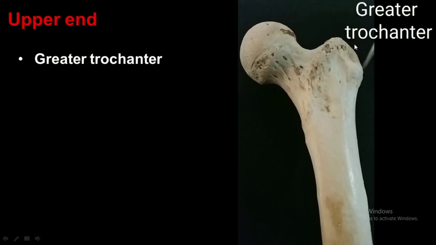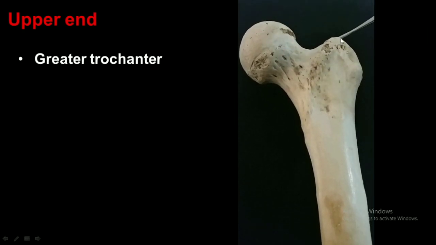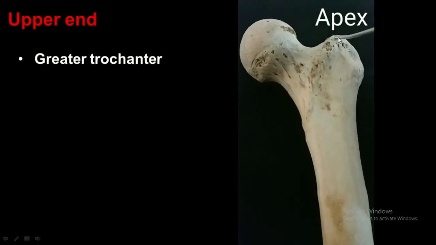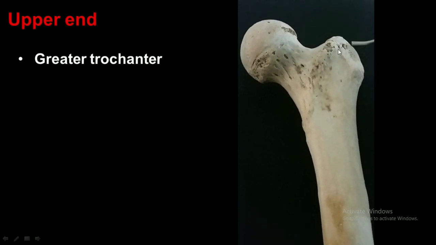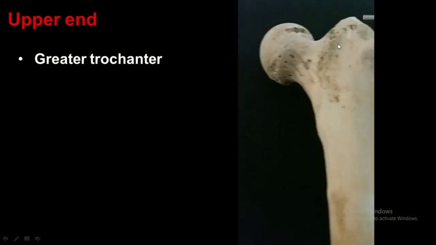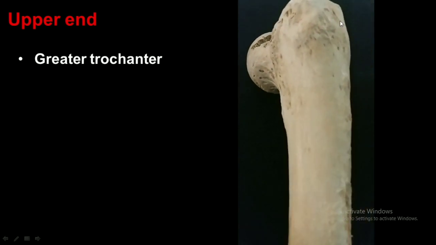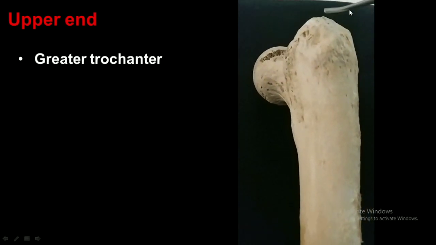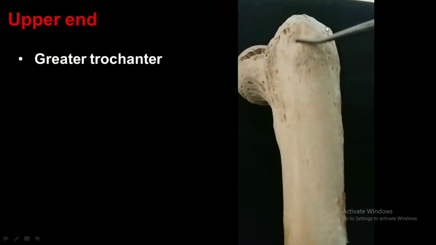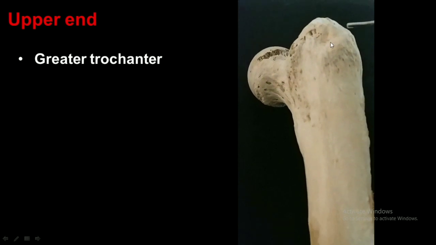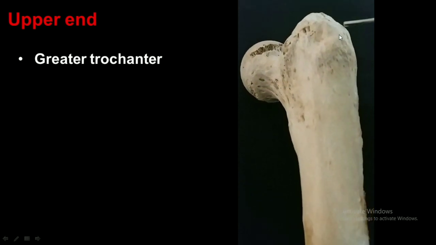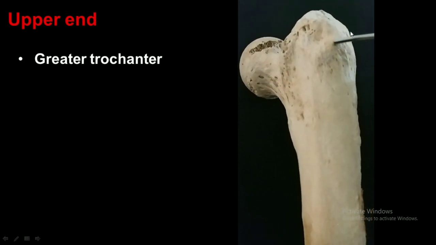So the greater trochanter having the apex, this is the anterior surface, this is the lateral surface, and this is the one ridge downward and forward.